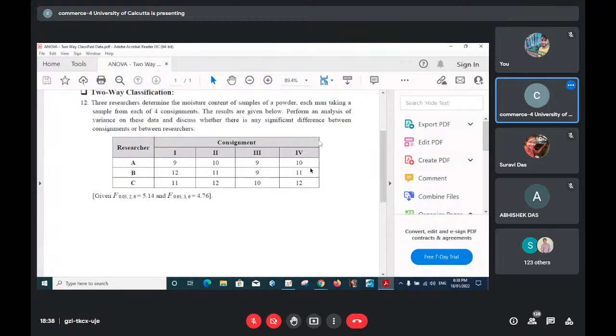That means, in this case, if I deduct or subtract a fixed number, say for example 10, from each and every observation, in the A1 cell you will get -1, in the A2 cell you will get 0, in the A3 cell you will get -1, in the A4 cell you will get another 0, and in the B1 cell you will get +2.